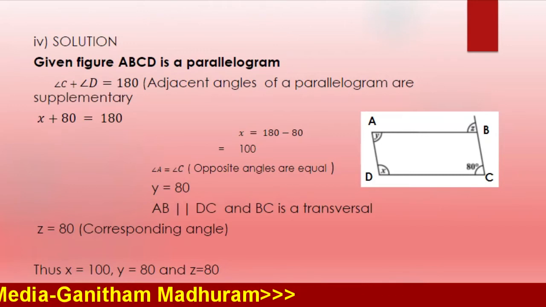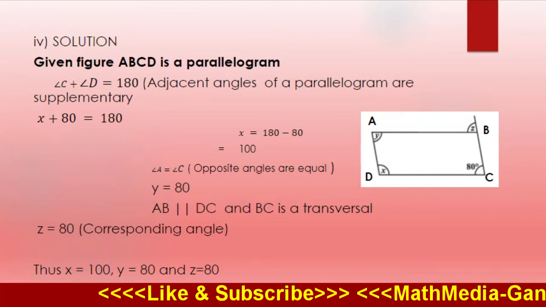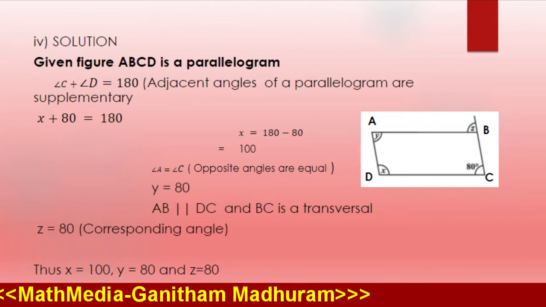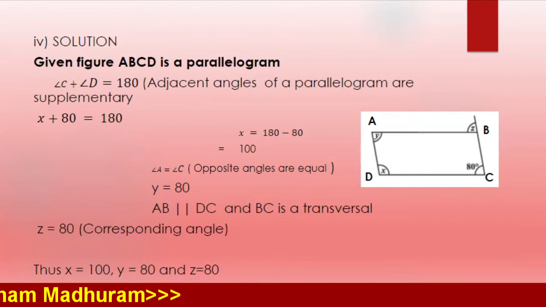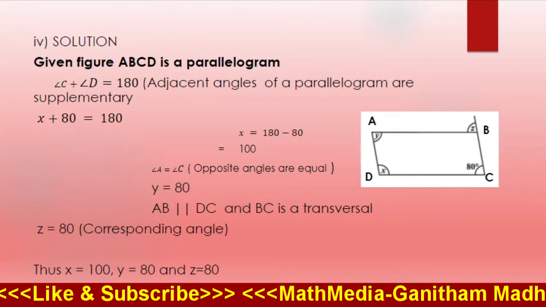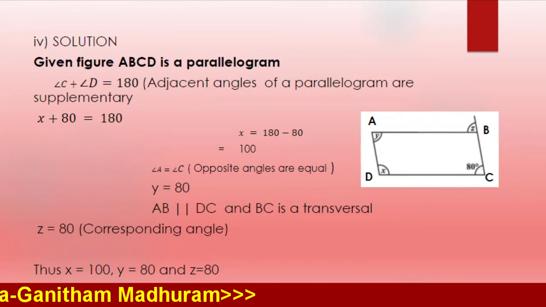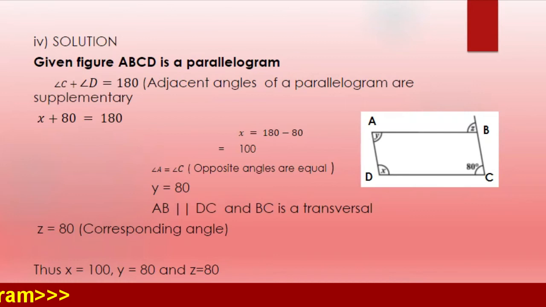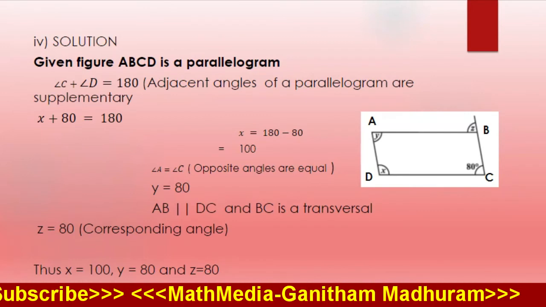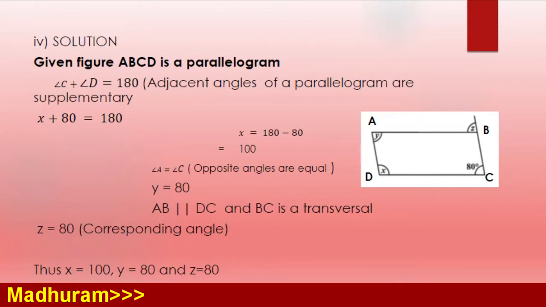That is x plus 80 equal to 180 degrees, or x equal to 180 minus 80 equal to 100 degrees. If we know the value of 80, we can easily write the value of y, because angle A equal to angle C. They are the opposite angles of a parallelogram, hence they are equal. Therefore, y equal to 80 degrees.